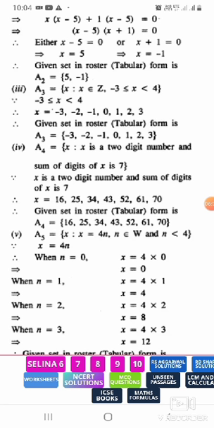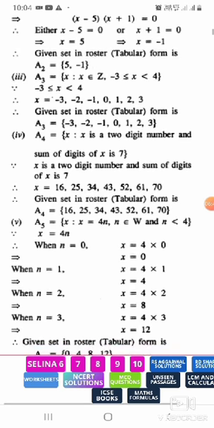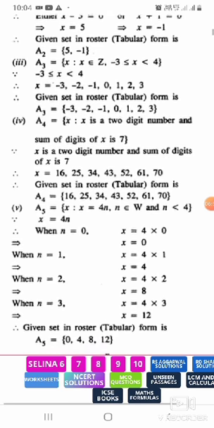From 60 to 70, 61. From 70 to 80 you can write 70. 0 plus 7 is 7, but 70 has a value here. So how many elements are there? There are 7 possible such numbers where the sum of the 2 digits is 7 and it is a 2-digit number. Likewise we can find the solution for this set builder form and write the tabular or roster form.